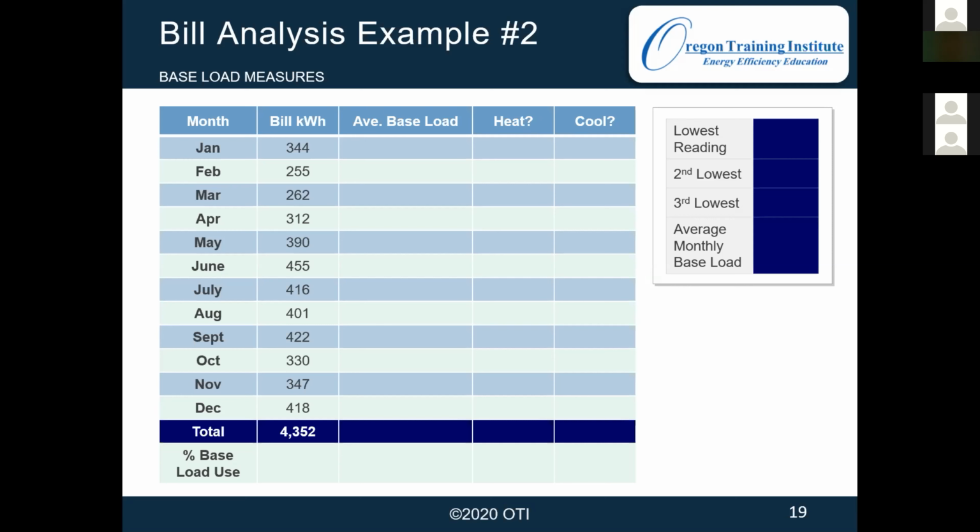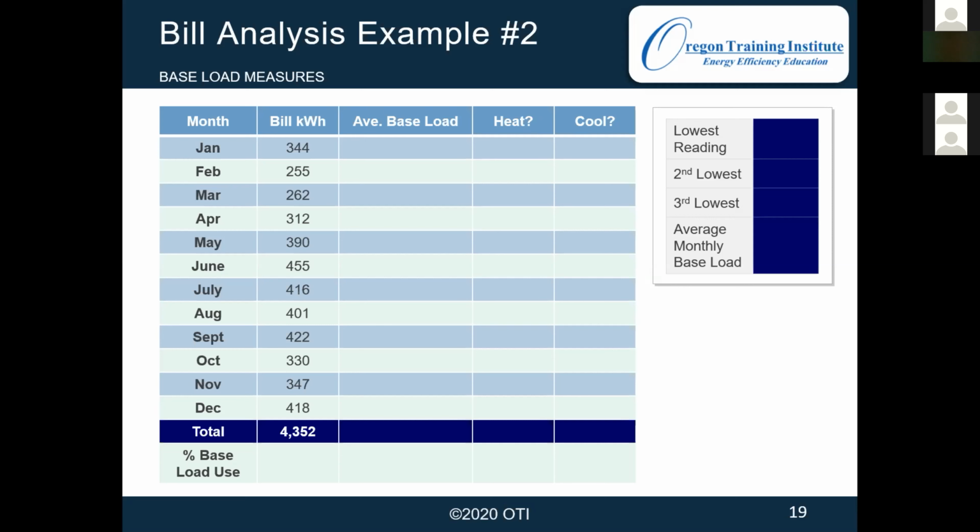So right off the bat, we know that they're a much lower user compared to the last one. And that might be they have a small home, or not very many people living in there, or they're just really focused on saving energy. But it also could be that it's an apartment and they're getting a lot of basically free heat from the neighbors.